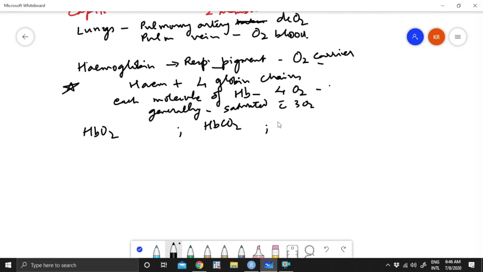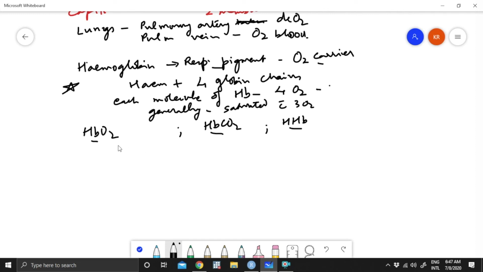And Hb also combines with hydrogen to form HHb, so that a buffer is formed to remove the acidity. This is called hydroxyhemoglobin, this is called carboxyhemoglobin, and this is called oxyhemoglobin. So all these molecules are formed in a reversible manner, because hemoglobin can not only accept oxygen easily, but it can also easily dissociate from oxygen.